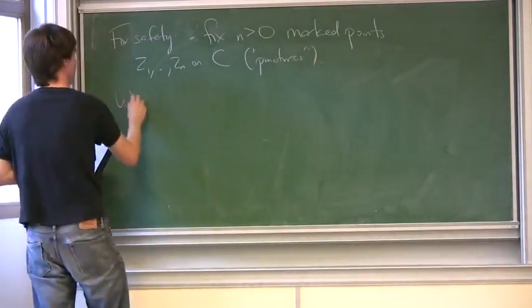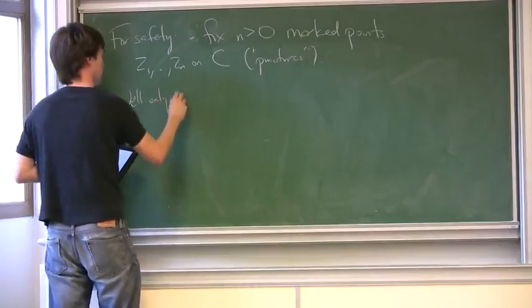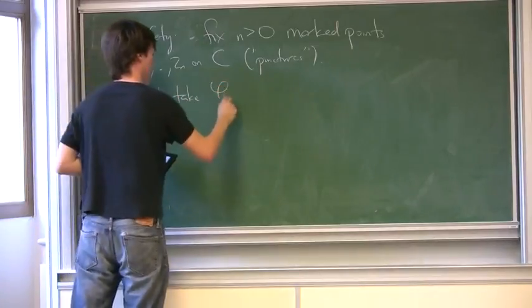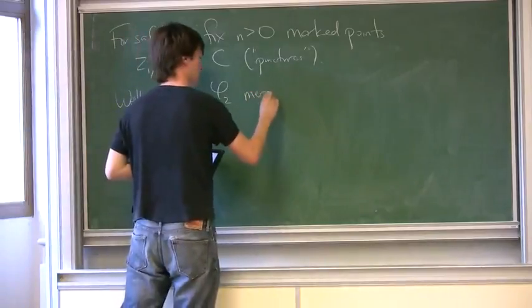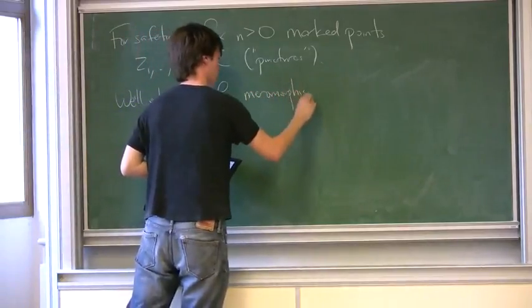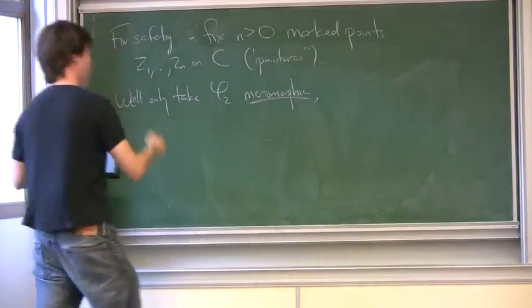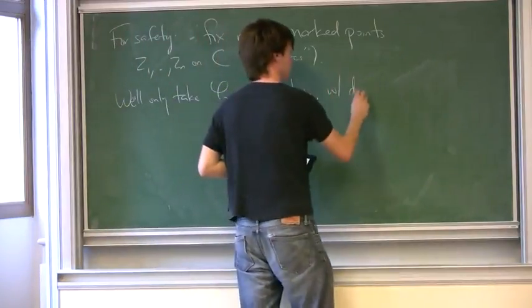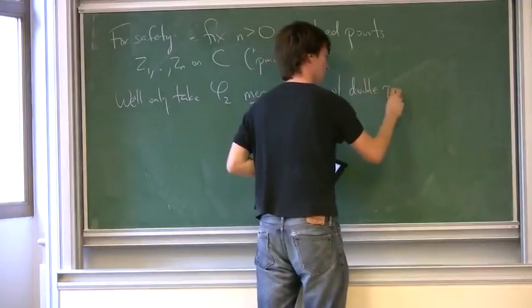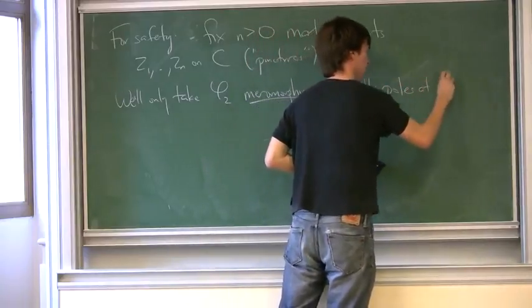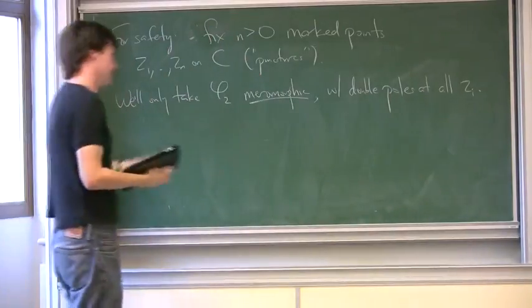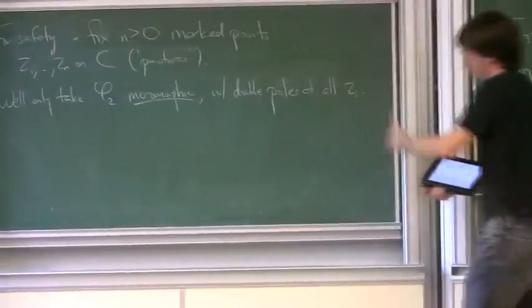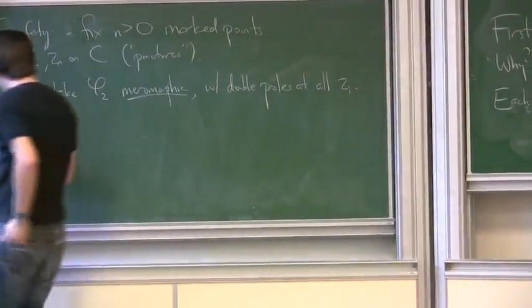And so we'll only consider phi 2 which are meromorphic, not holomorphic, and with double poles at all of the z_i's. So this will simplify the arguments, but also the simplest explicit examples, the ones you can actually access, are ones that have punctures.